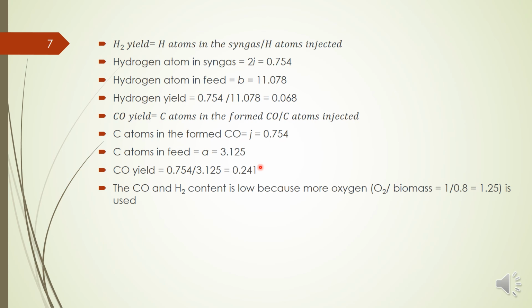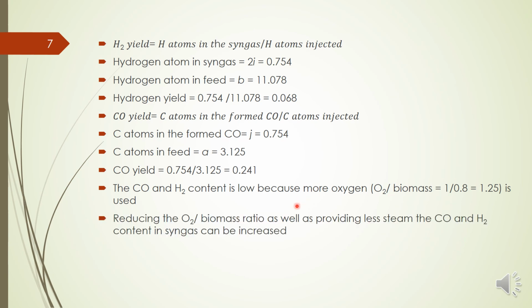Now why is this low? Because we can say that we have supplied more oxygen, that is, the oxygen to biomass ratio is very high, 1.25. Similarly, steam is also high, so by reducing this oxygen to biomass ratio as well as reducing the steam, we can improve the carbon monoxide and hydrogen content.